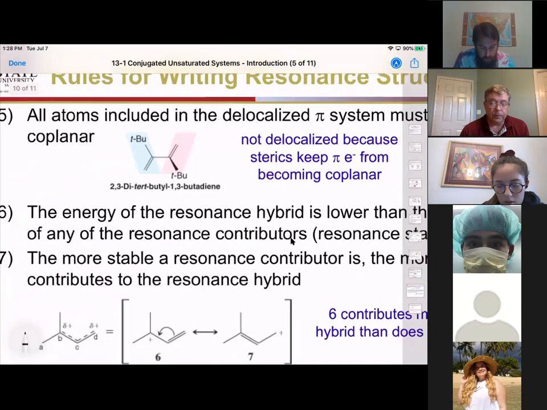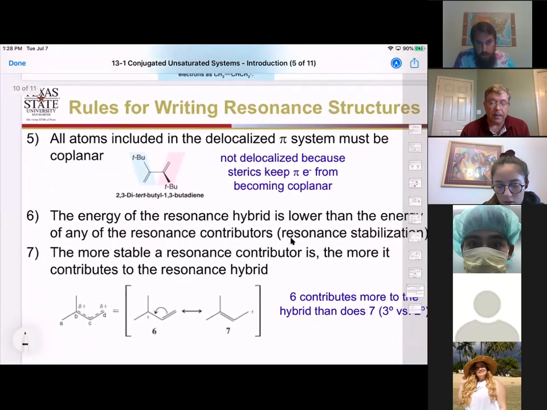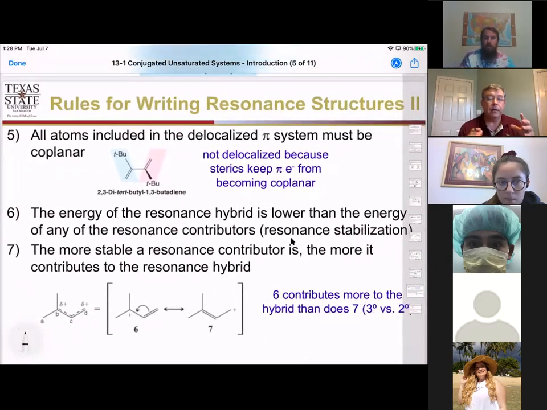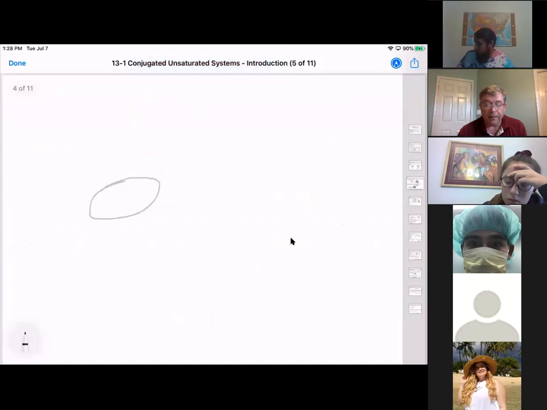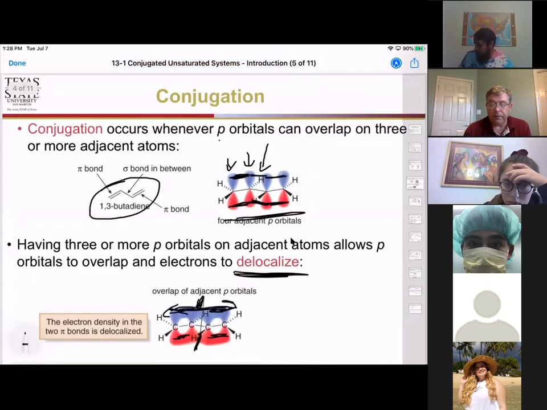So the next rule we have is that all atoms included in the delocalized system must be planar. What we mean by that is, remember when we looked at the first one here, to be delocalized, these pi bonds have to overlap, and they have to overlap by being in the same orientation as each other.